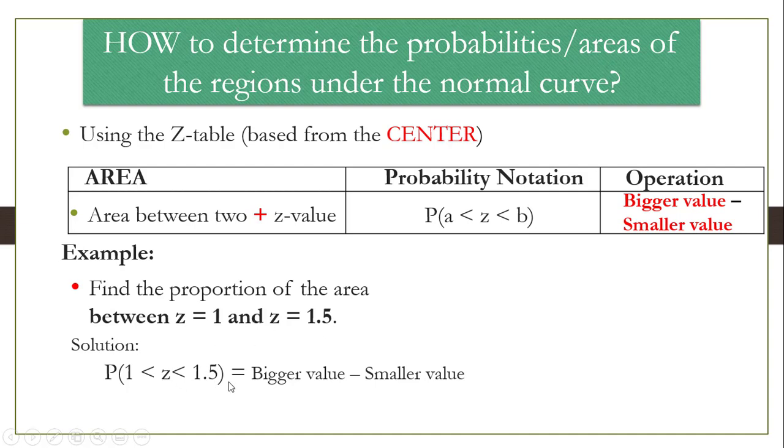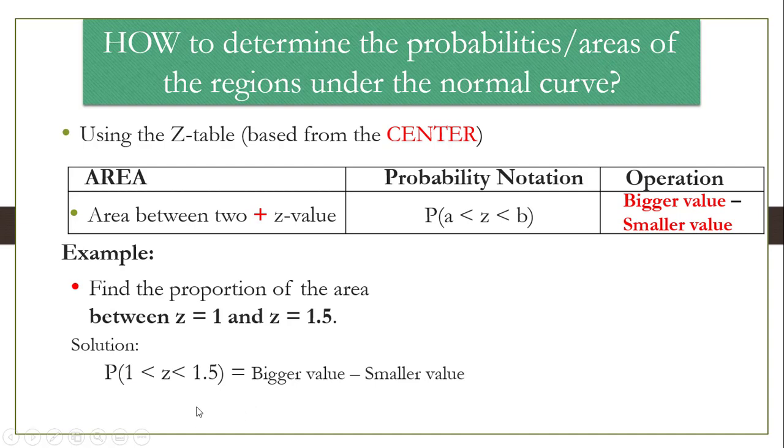So, it is equal to bigger value minus the smaller value. So you actually get the area of this. Now, the bigger value is the corresponding value of this 1.5. The smaller value is the corresponding value of z equal to 1.